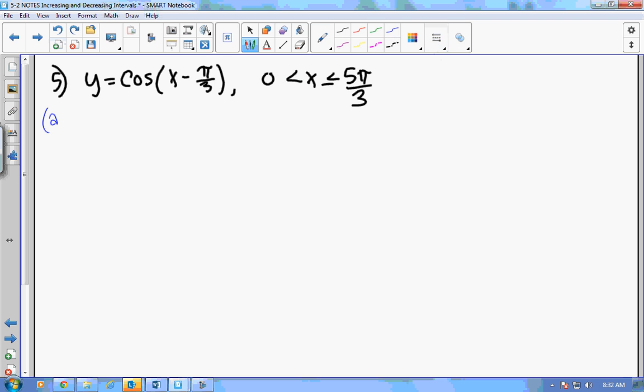So part A, first think about the domain. What do cosine functions do? Good job. We learned that last time, right? Cosine function is a wave, goes up and down, oscillates forever. But when you say the domain, it has to be based on what is given. Does this say look at the function for all real numbers forever?